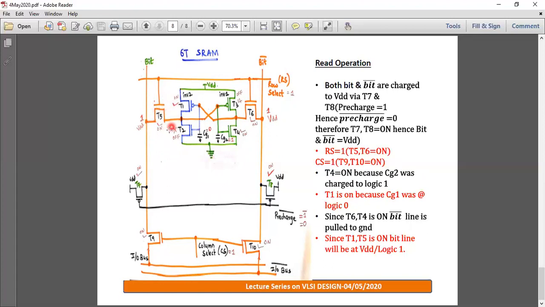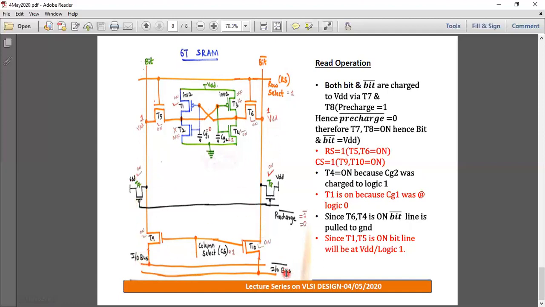And bit line, since T5 and T1 transistors are on, bit line will charge to VDD. So bit line will have logic 1 and bit bar will have logic 0.